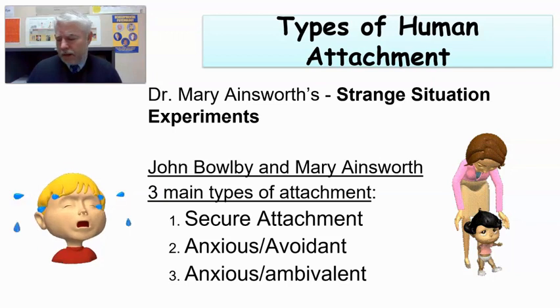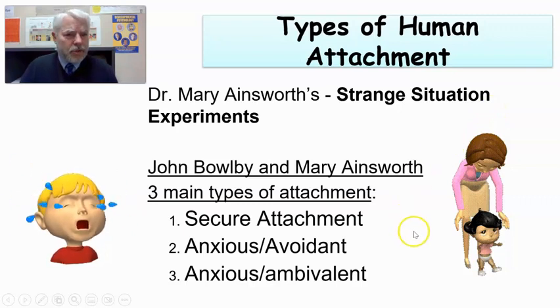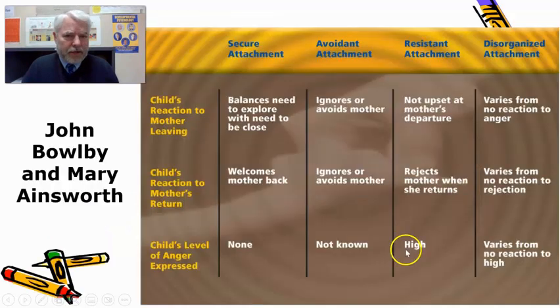Combining Bowlby and Ainsworth's research, we can come up with at least 3 different types of attachment: secure attachments, anxious and avoidant attachments, and anxious ambivalent attachments. So let's take a look at these 3, and then a 4th one that is sometimes just referred to as disorganized.